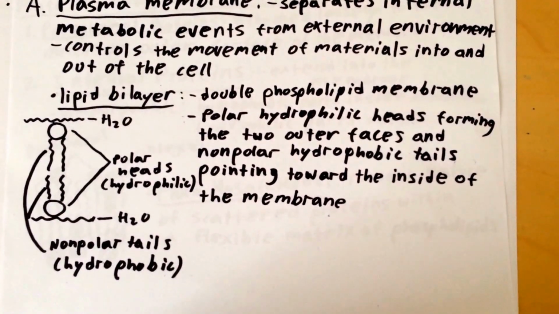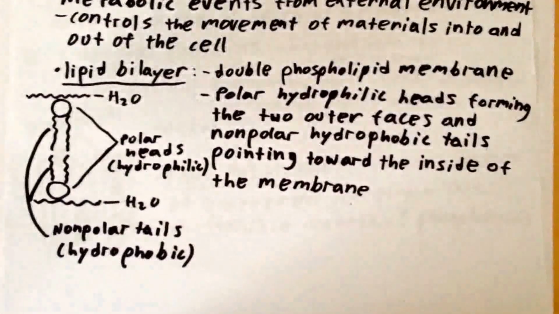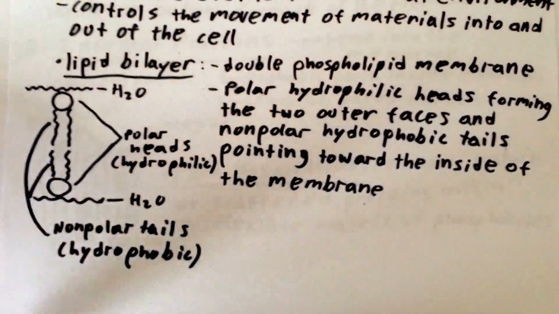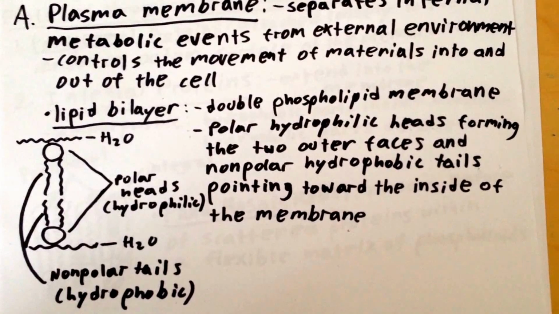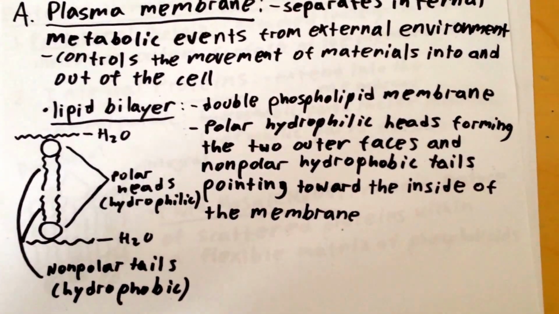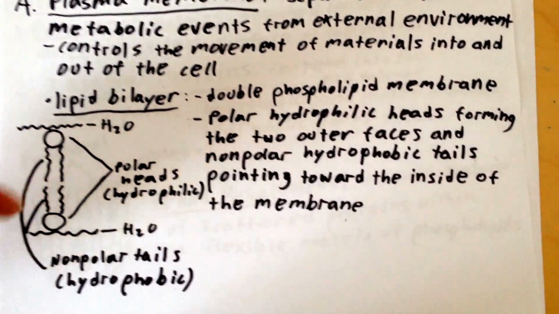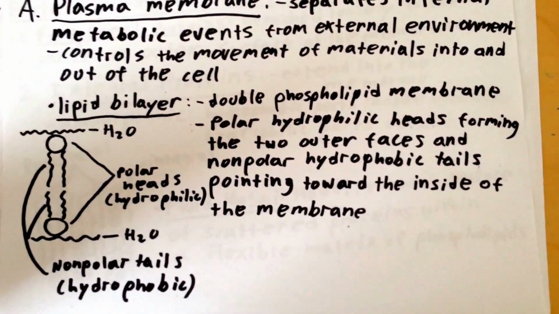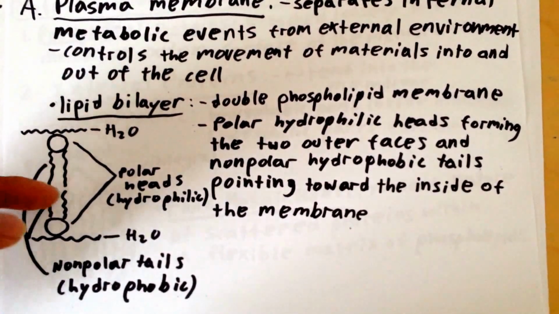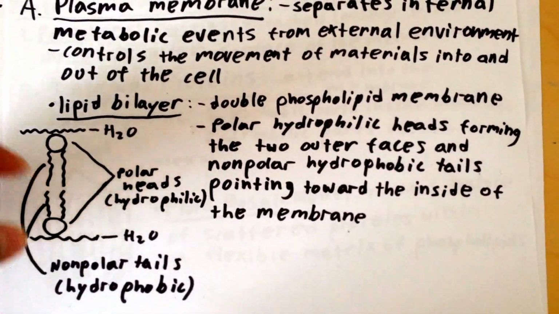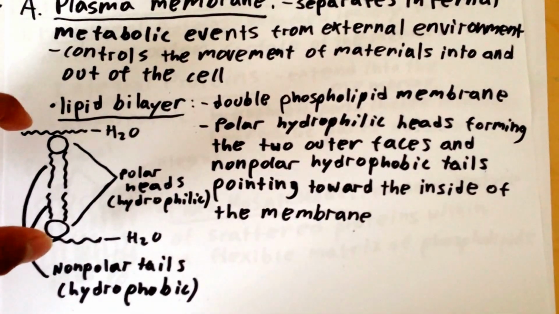The lipid bilayer is a double phospholipid membrane. What that looks like is something like this diagram on the side. There are polar hydrophilic heads that form the two outer faces. Here are the polar heads, these circles. And there are non-polar hydrophobic tails. These are the tails right here that point towards the inside of the membrane.